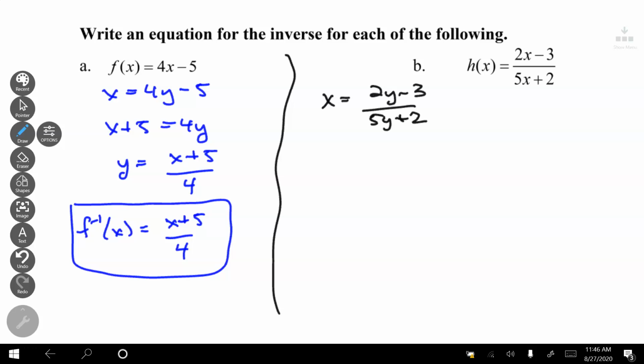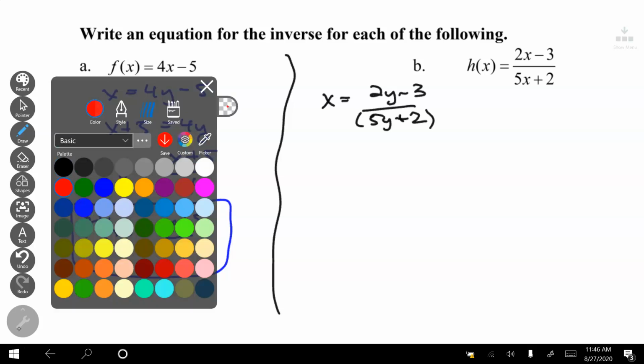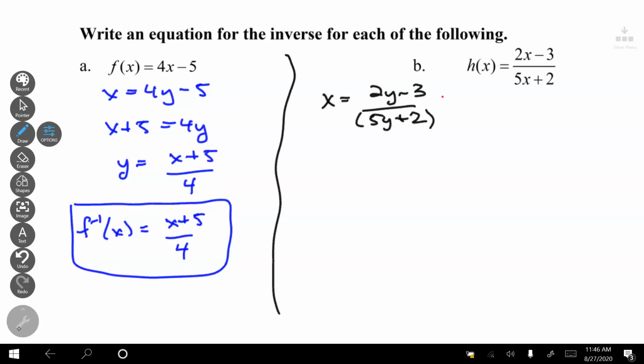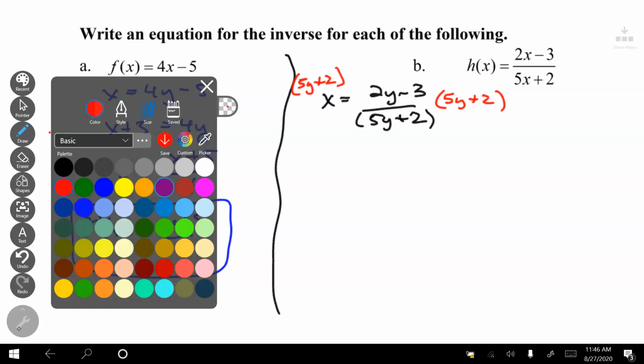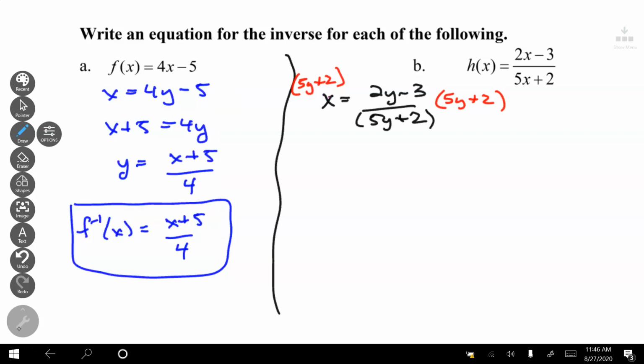Do not want to work with the denominator, so I'm going to put parentheses around this, and I'm going to multiply by 5y plus 2 on this side, and 5y plus 2 on that side. And what I'm going to do is distribute this x. I get 5xy plus 2x is equal to 2y minus 3, because these cancel out.